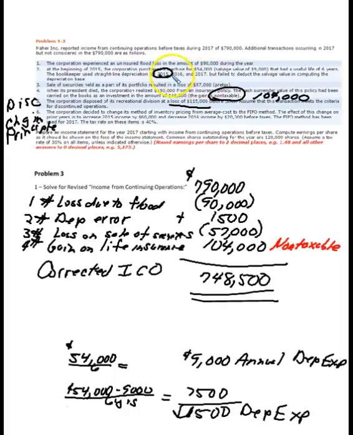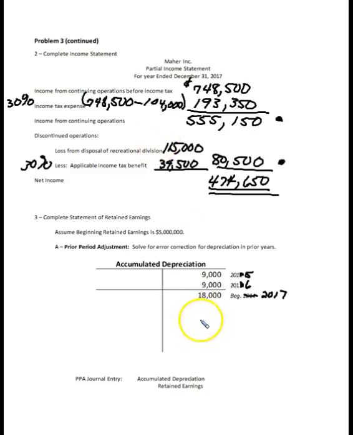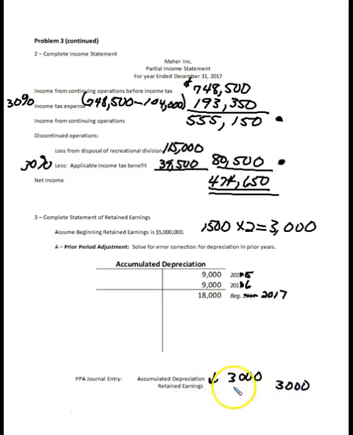But we have the prior 2 years, 2015 and 16, that are in this accumulated depreciation. So we actually would need to make a journal entry. $1,500 a year times 2 years is going to be a cumulative adjustment of $3,000. So we actually need to reduce our accumulated depreciation $3,000. That has been in depreciation expense of $1,500 for 2 years, totaling $3,000.